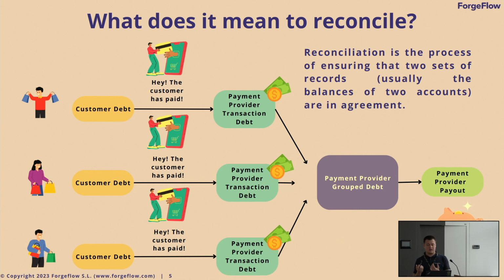And after that, you have the real payout in the bank, and normally it comes with information explaining what transactions are in this payout. So you need to find all these payment provider transaction debts and group them and reconcile against the payout.